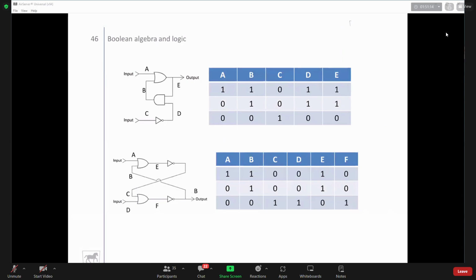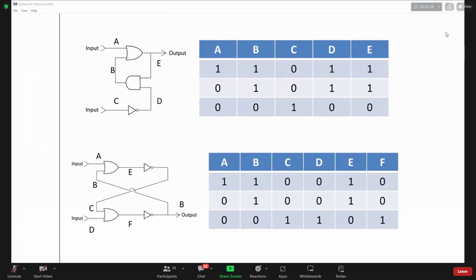And the last one, there are two logic circuits, and you can try to analyze them a bit by your own. But my recommendation would be that you are doing that with this logic simulator, because what you have here is A and C as input. And you see that here we have an OR gate.